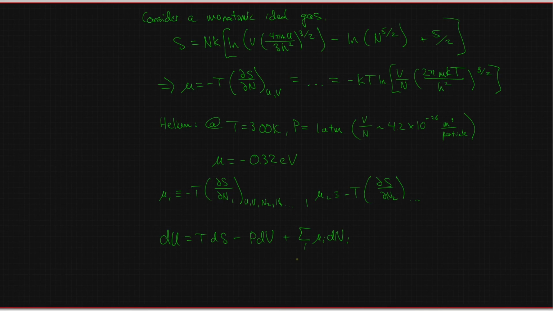But for now, it's just a definition that we arbitrarily imposed on the slope of the entropy with respect to the number of particles. We used that to derive a generalized thermodynamic identity, and we related the chemical potential to the amount of energy that a particle carries as it enters or exits a system. So that's that. Any questions about that?